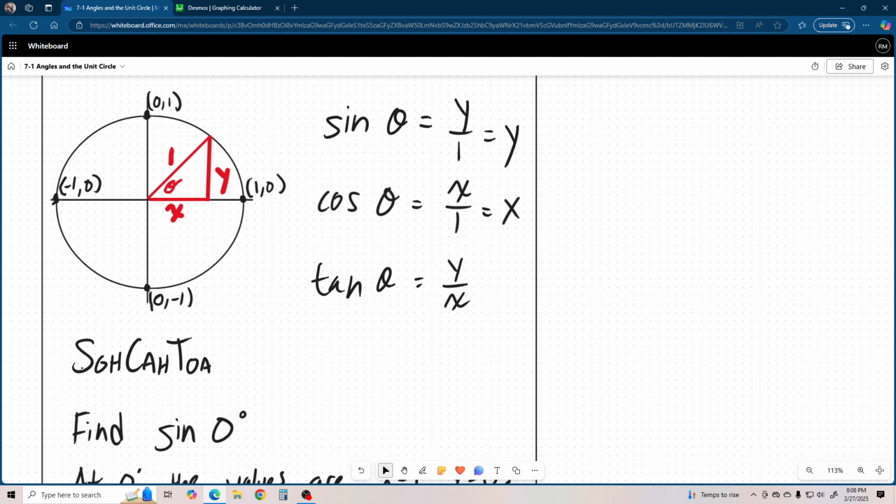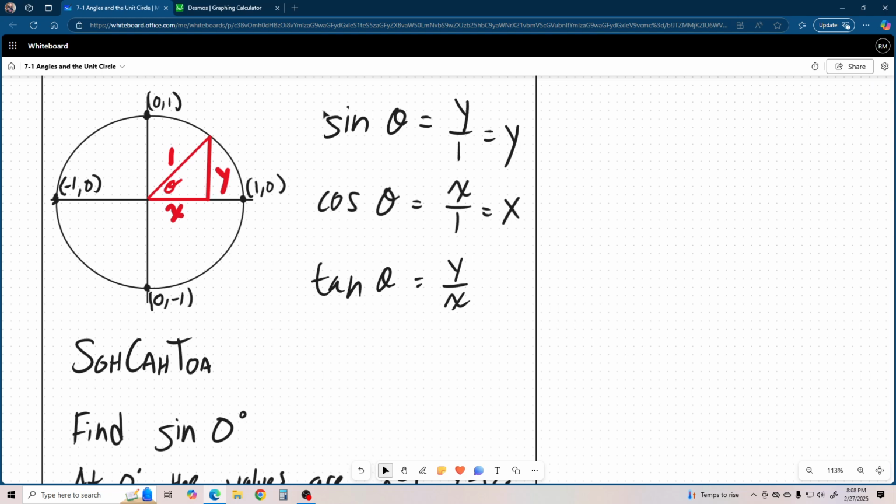What's interesting is let's take a look at those with respect to theta. Sine is opposite over hypotenuse. In this case, the opposite is y and the hypotenuse is 1, so sine theta is y over 1, which is y.